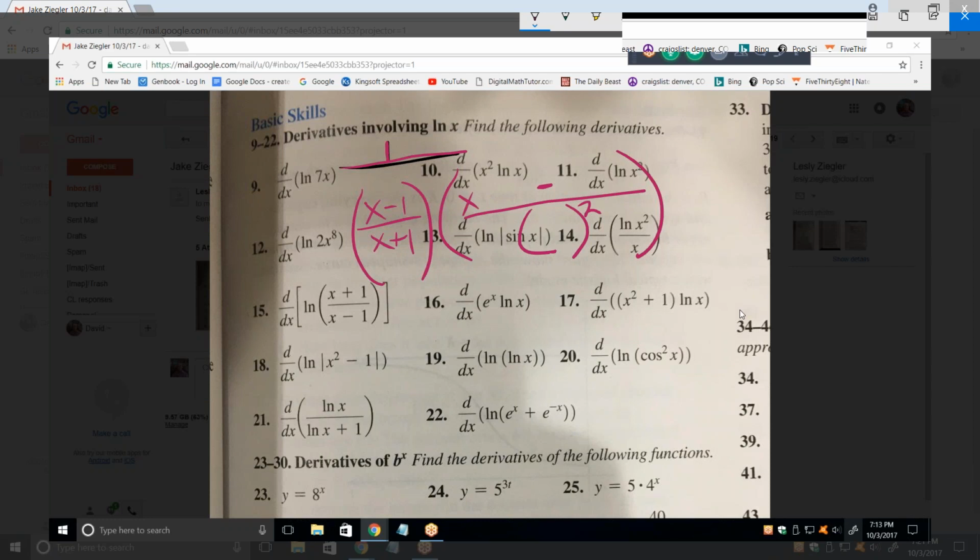X minus 1 times the derivative of the top, which is 1, minus the reverse, x plus 1, all over the bottom squared. X minus 1 squared. Now simplify the numerator, because a lot of it simplifies.